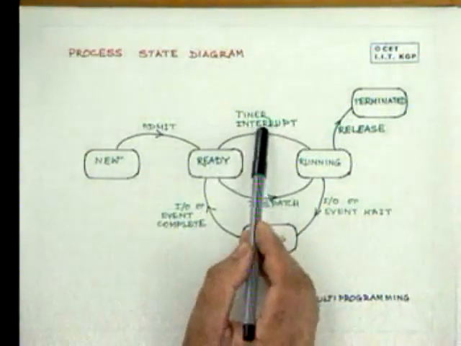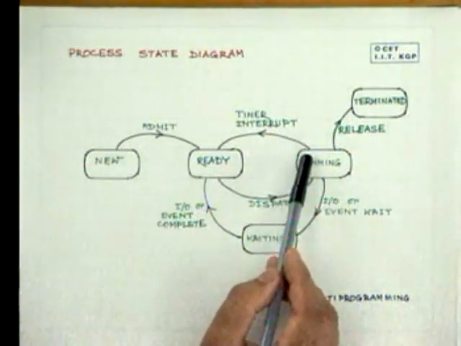The chance is that it will come back to the ready state through a timer interrupt only. So if we find that a particular process has come back to the ready state on a timer interrupt, we can temporarily assume that it is CPU bound, meaning more CPU time is needed for it.